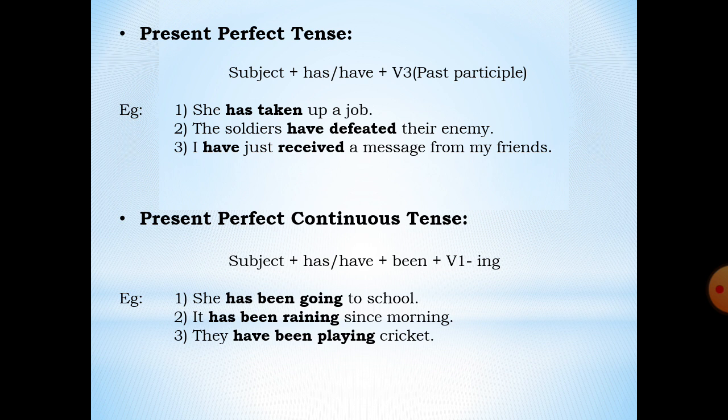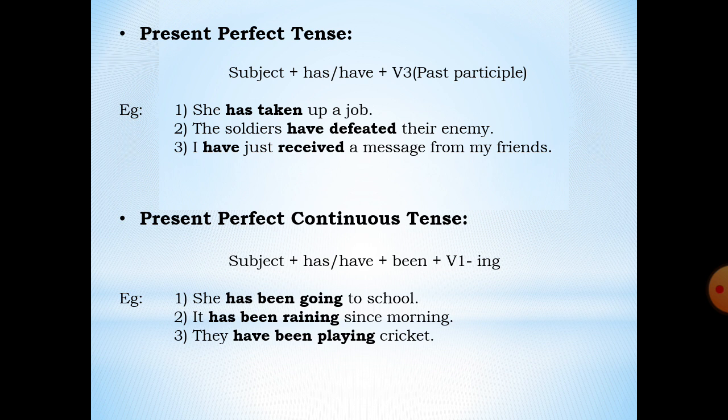So ing indicates that the sentence is in continuous tense. Second sentence, it has been raining since morning. Again the same, it is a singular pronoun, has goes with singular, been because it's perfect continuous, and raining means the verb is in ing form because it's a continuous tense.